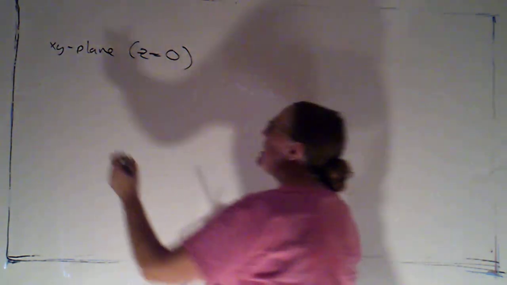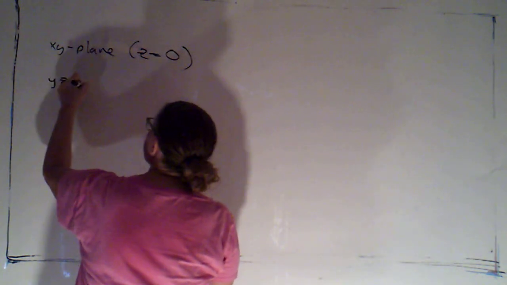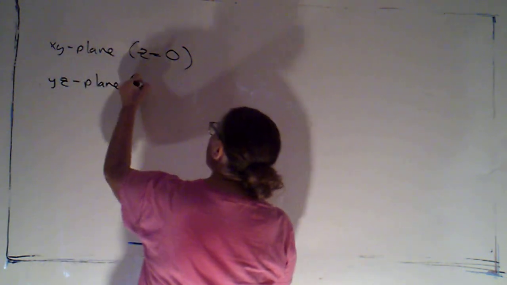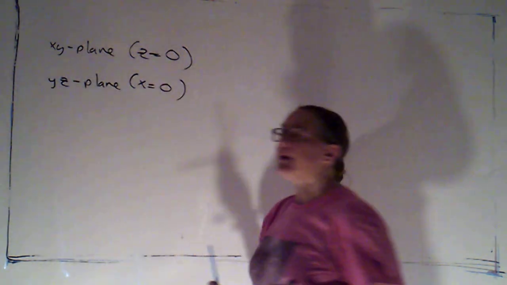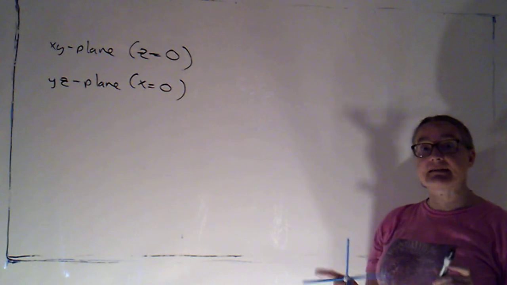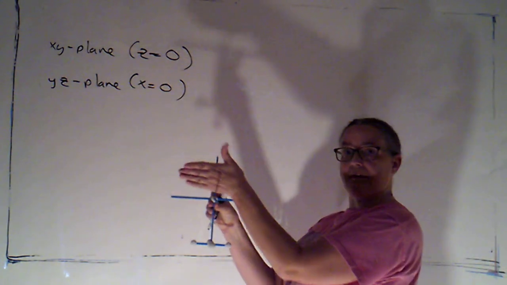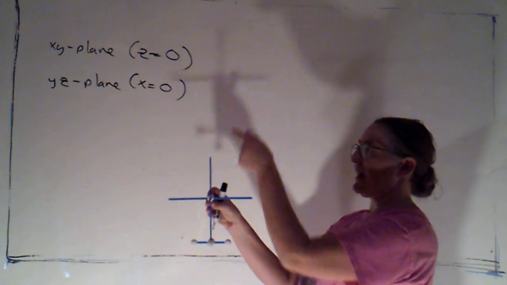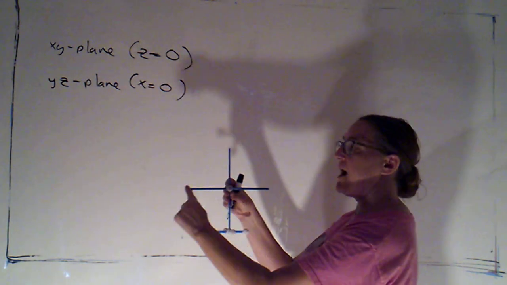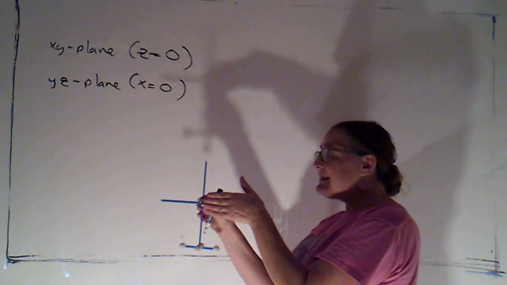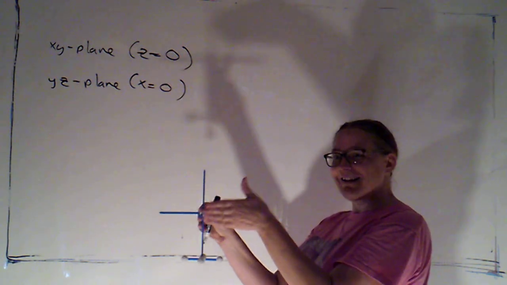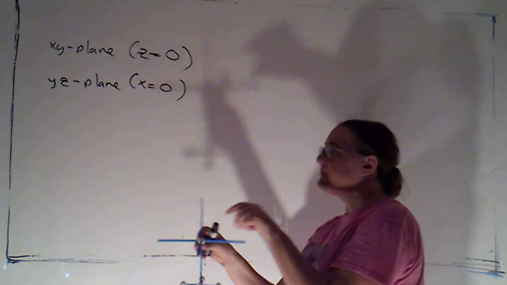Okay. Then we've got the yz plane. That has as its equation x equals 0. So that's basically all of the stuff that's here determined by the z-axis and the y-axis, where x is 0. So we haven't moved in front and we haven't moved behind it.